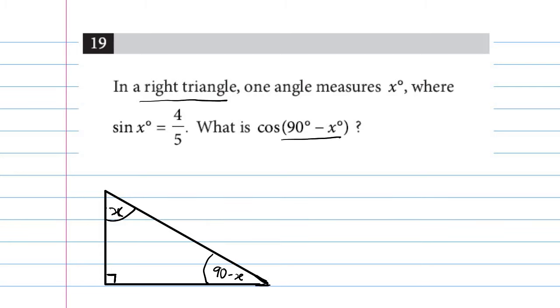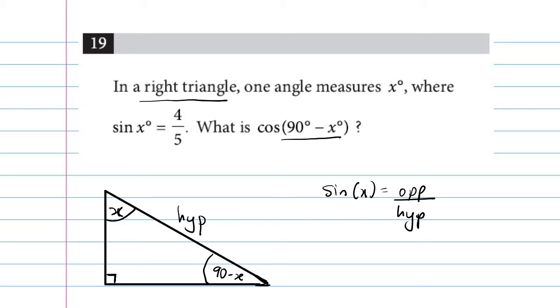Well, let's see. So we know that sine x is opposite over hypotenuse, right? So opposite to this angle x. So this is the hypotenuse. Whatever you do, the hypotenuse won't change. But depending on whether you're looking at this angle x or the angle 90 minus x, the opposite and the adjacent change.